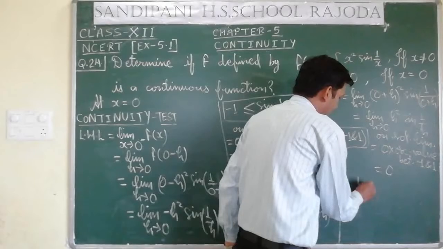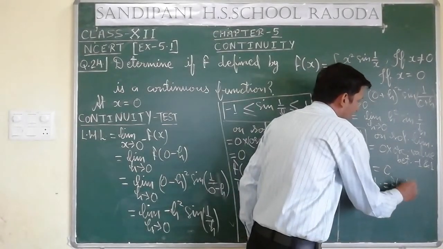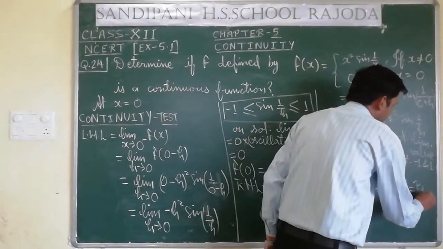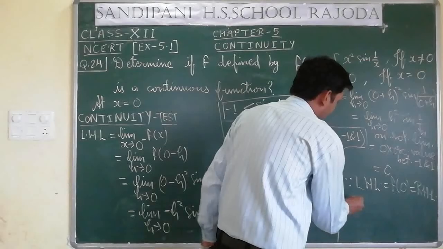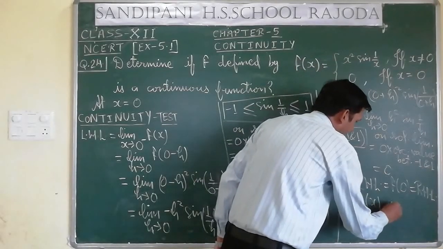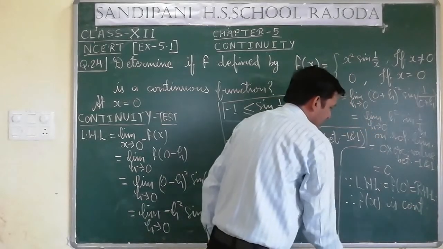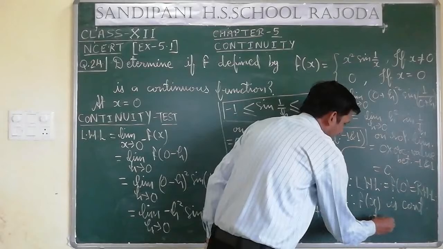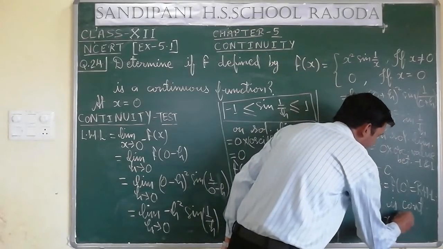So LHL is equal to f of 0 is equal to RHL, therefore f of x is continuous at x is element of any real number.